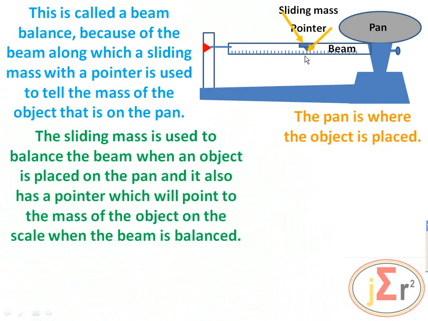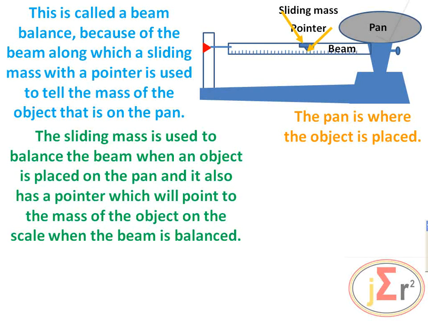The sliding mass has a pointer on it. What is the sliding mass used for? When something is placed on the pan, it is going to cause the balance to be unbalanced. Then we slide the mass and use that to balance the beam again. And when the beam balances, the pointer is pointing to the mass that it takes to balance the beam, and hence the mass that is on the pan.